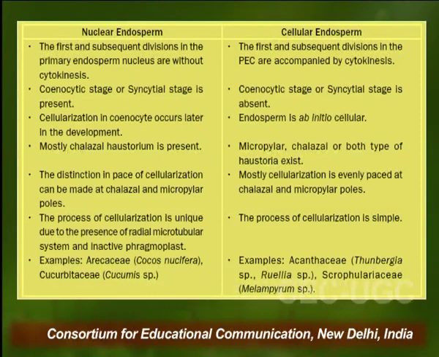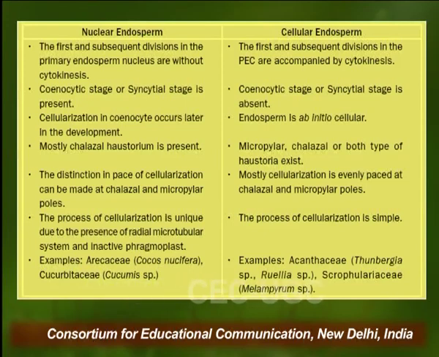That means there is no syncytial stage present. There are no free nuclei in the cellular endosperm. Okay. That is the major difference between the two, and of course, the process of cellularization does take place in nuclear endosperm, but then it takes place at a much later stage.